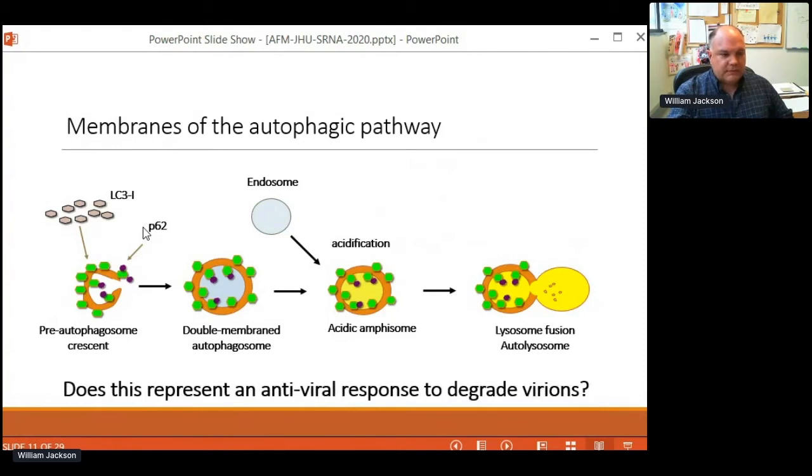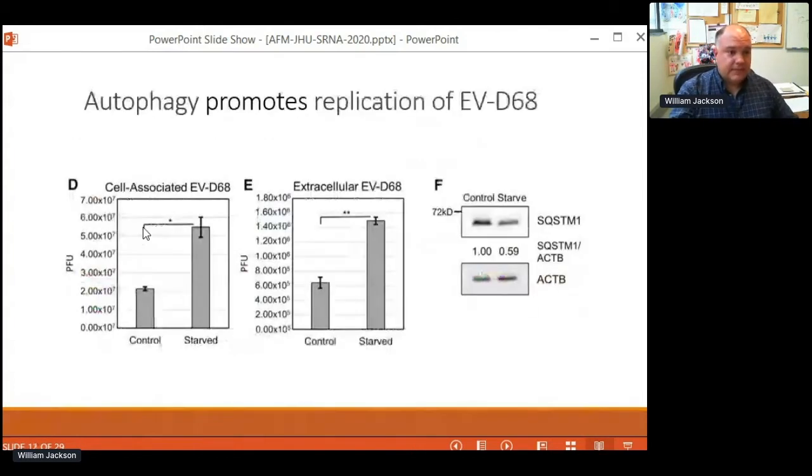So our first question was really, does this represent an antiviral response that degrades viruses? Pretty much the question that George Palade was asking in the 60s. And we found that when we starve cells to promote autophagy, we also promote replication of EV-D68. So you'll see here, we're starving the cells, and we get about 2 to 3-fold more virus, both within a cell and extracellularly.